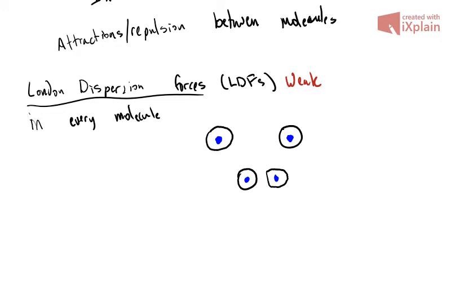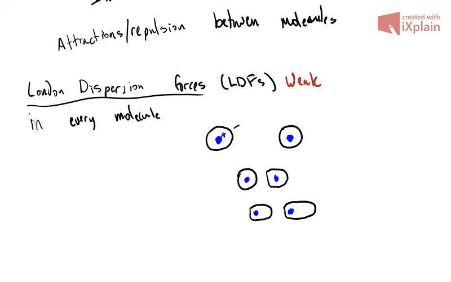So they force away some of the negative charge on one of the atoms. Then that exposes the positive center. We'll make sure everyone knows, this is the negative, this is the positive.